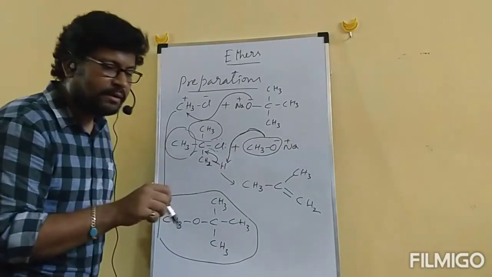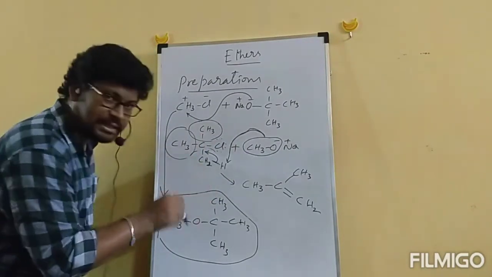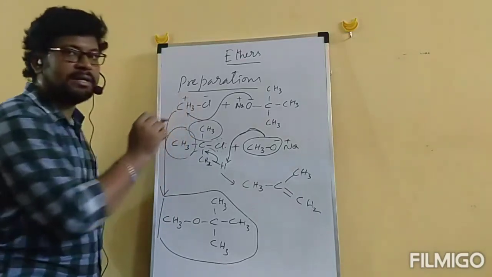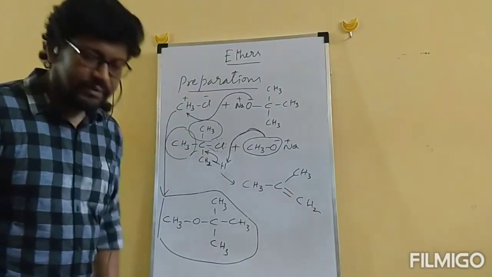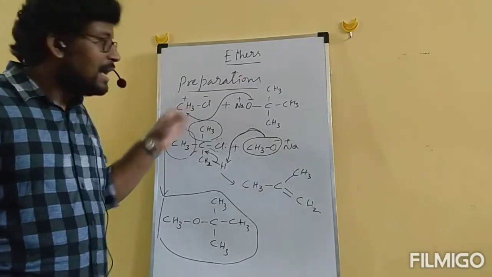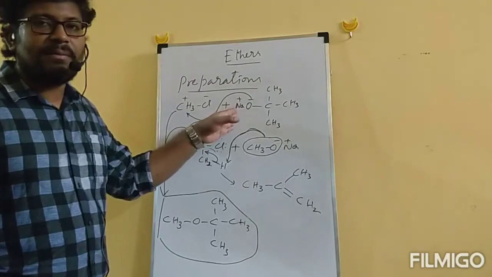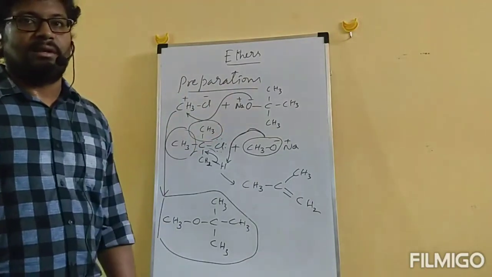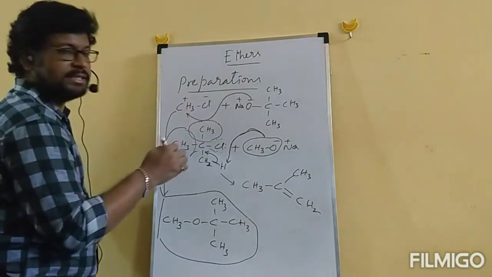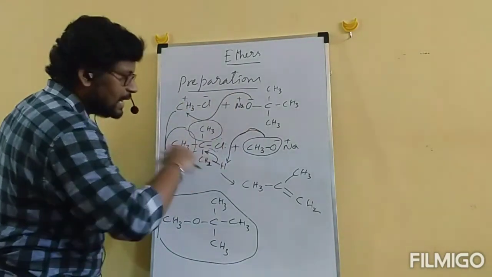So if you want to prepare an ether, preferably we have to take primary or secondary alkyl halides. The other part should be in the form of alkoxide. Understood? This is the difference between the two reactions. Here we have taken one way and another way.